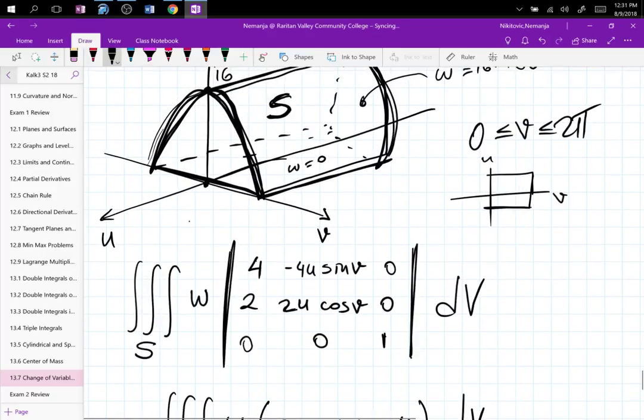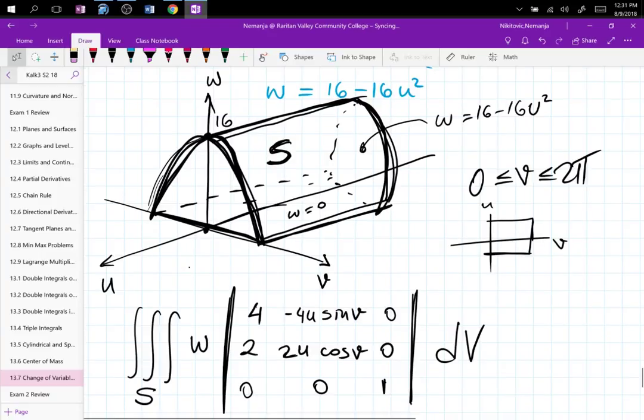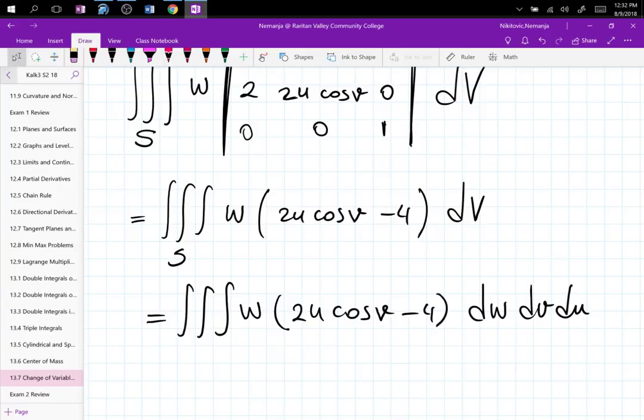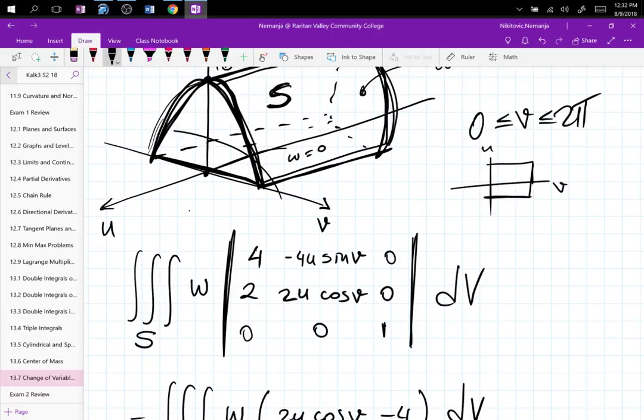u goes from what? When w is equal to 0, from -1 to 1. Because our formula is 16 minus 16u squared, and when w is equal to 0, because that's on the floor, as you can see.